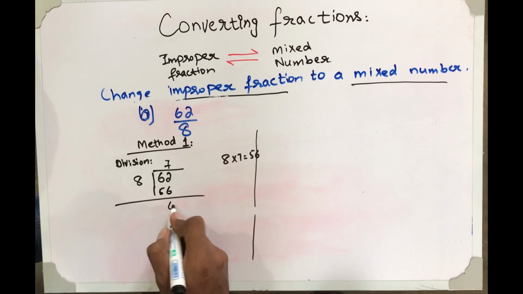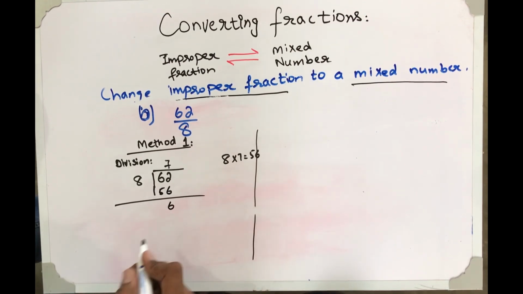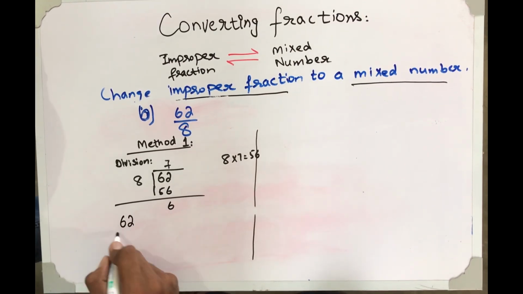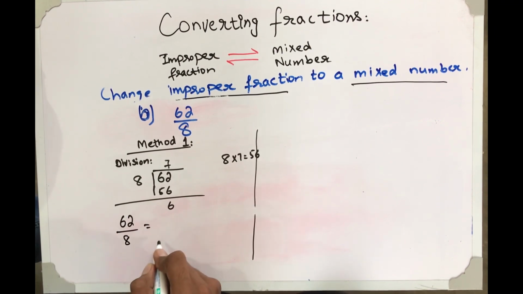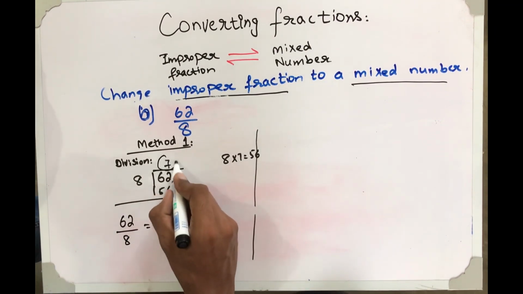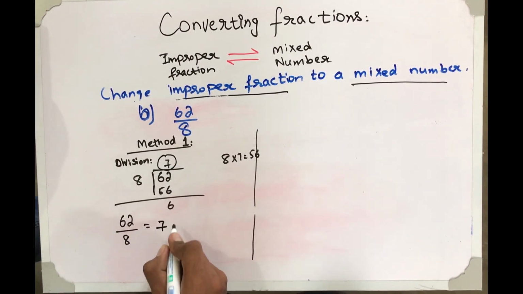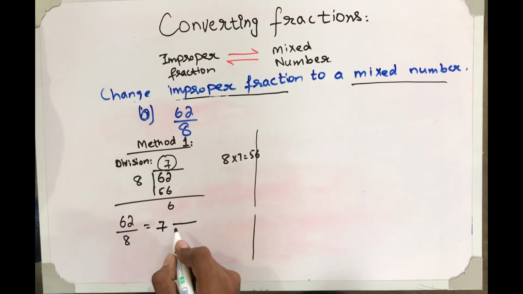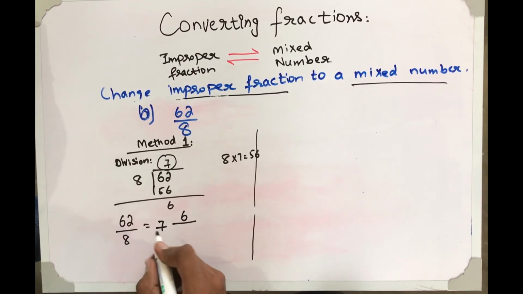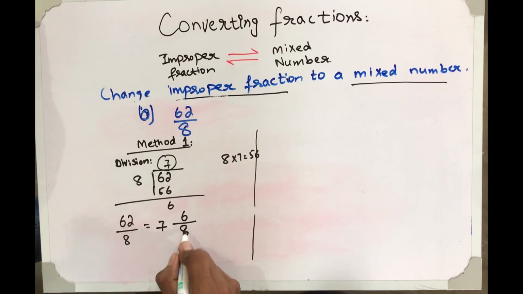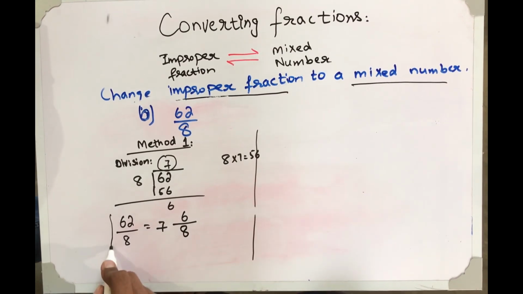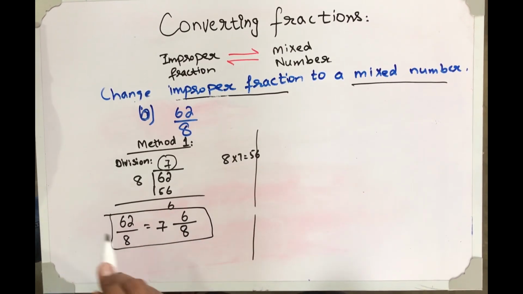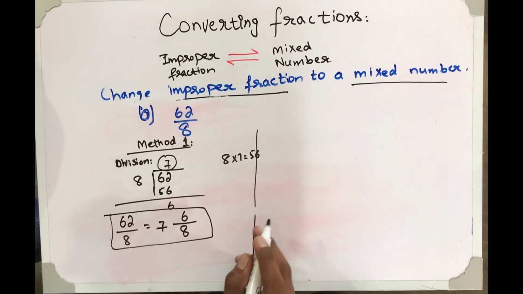After subtracting we will get 6 as the answer. So now you are well aware, we will write 62 upon 8 as, first of all, the quotient as a whole number, 7 whole number, and then the remainder as the numerator, and 8, that is the divisor, as the denominator. So this is how we can convert an improper fraction into a mixed number.